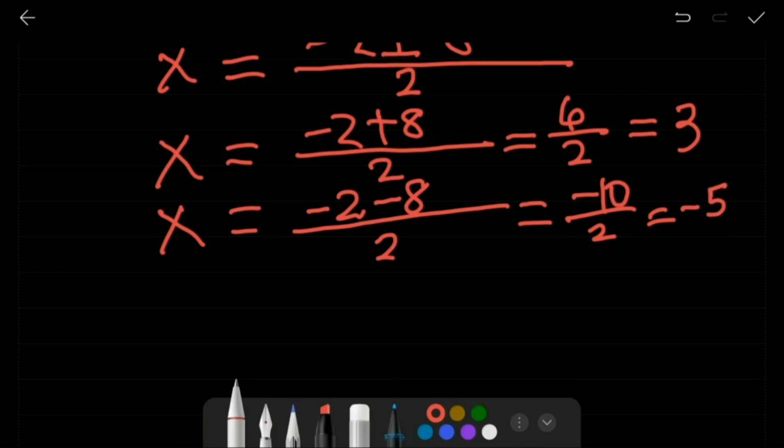So we are going to choose the positive sign. We will choose positive 3 because we cannot use negative 5 for age.